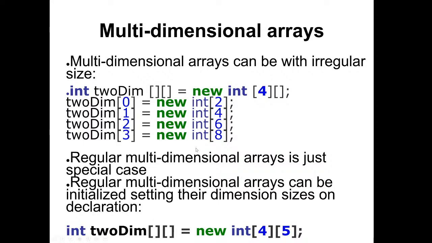Regular multidimensional arrays can be initialized setting their dimension size on declaration. Yeah, the same. You can initialize the two-dimensional arrays directly. But in this case, you just need to notice that every line will have the same number of columns. So in case you want to have something different, you need to use this approach.